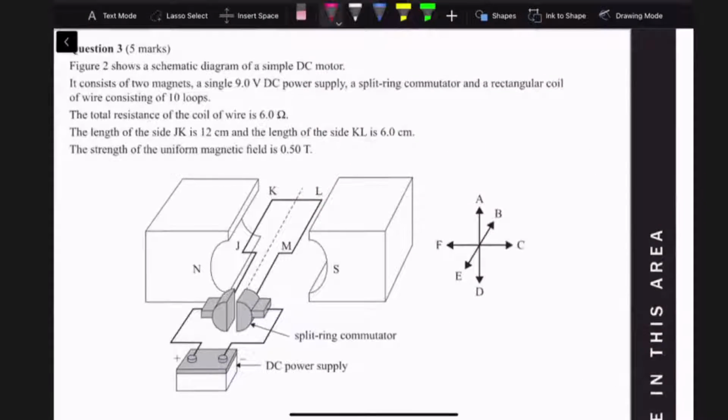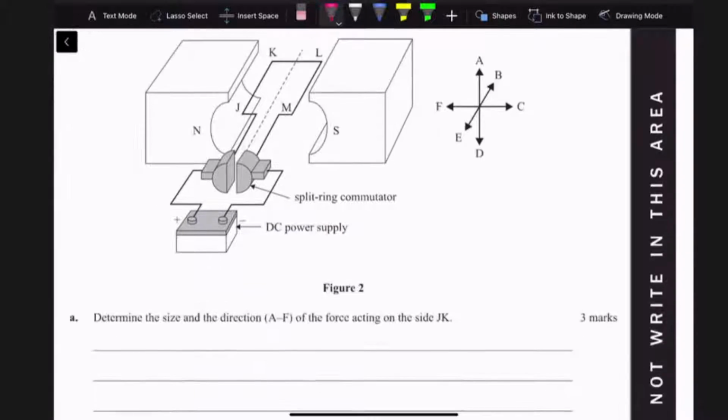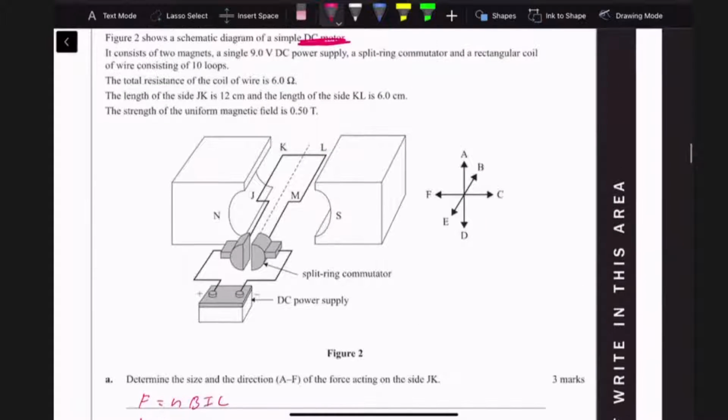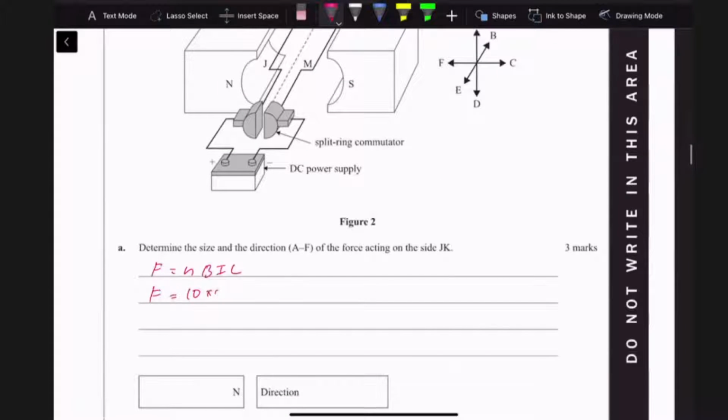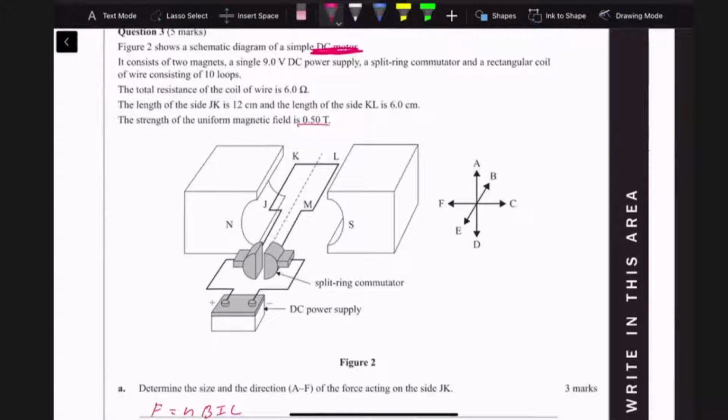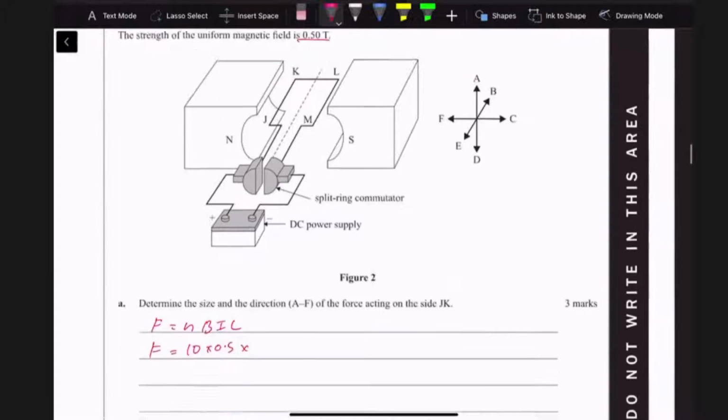So now we have a motor, it's DC. And it's asking for the size and direction of the force. So force is NBIL. N in this case is 10. B is 0.5. I is not given, but we have voltage and resistance.